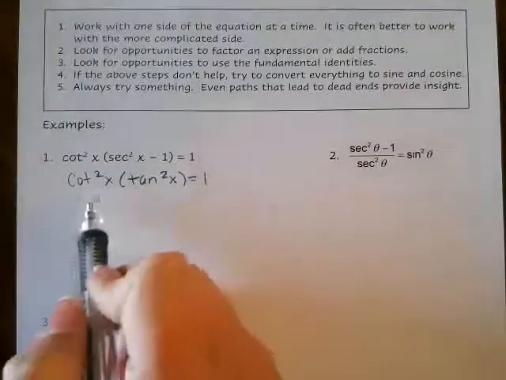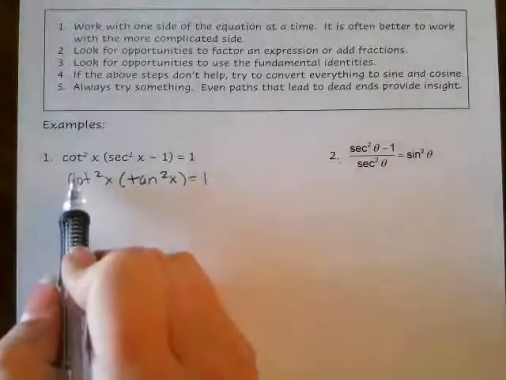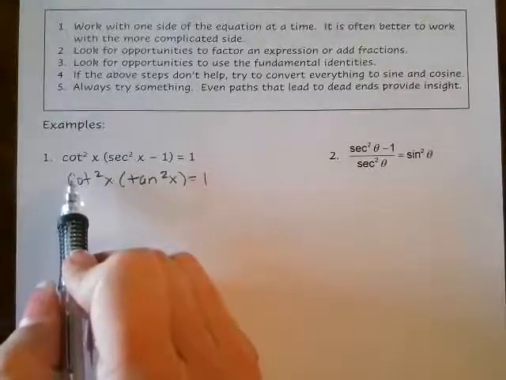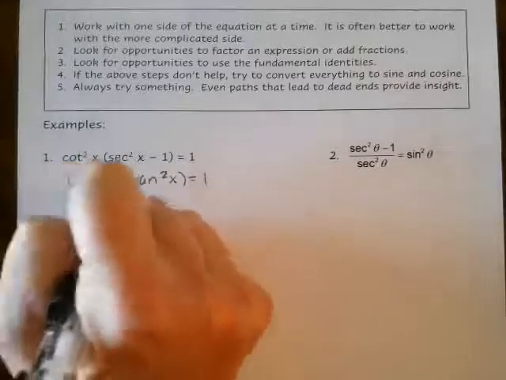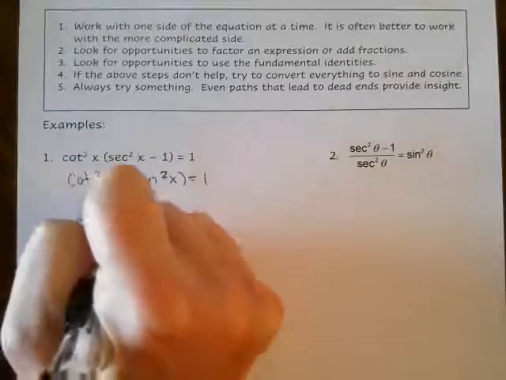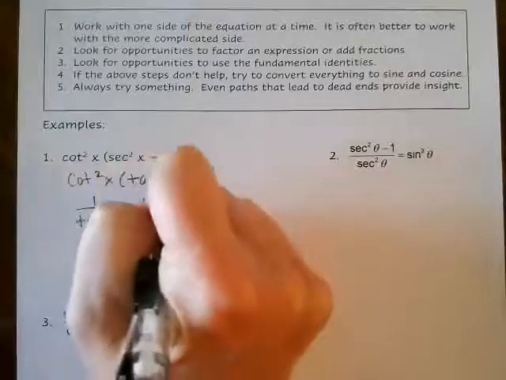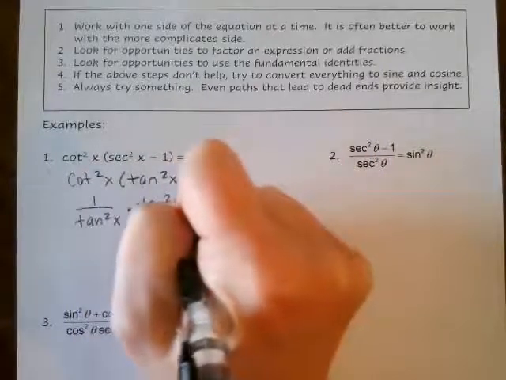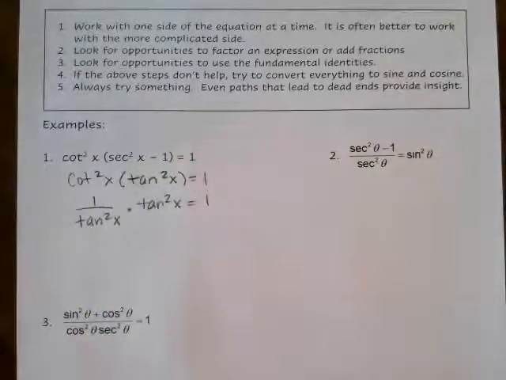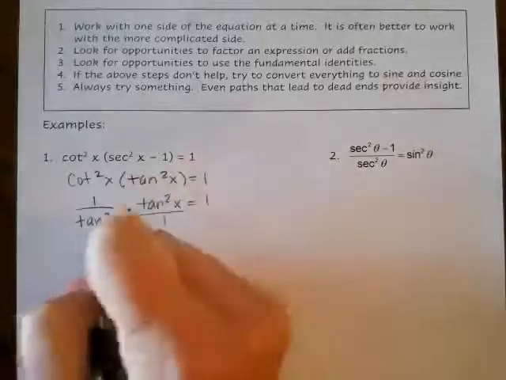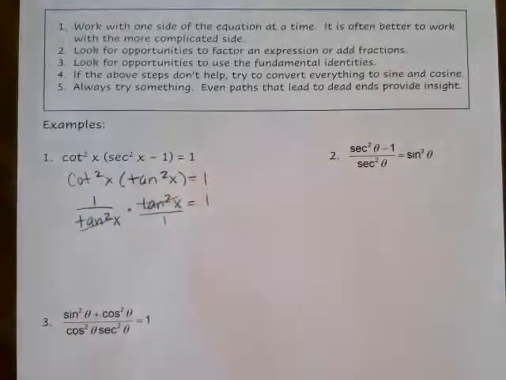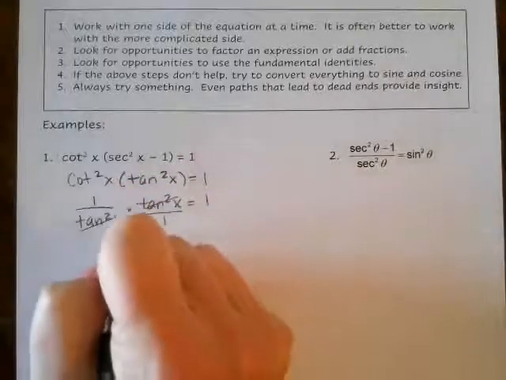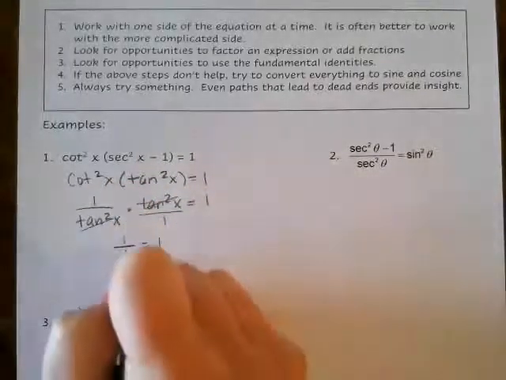Now, as I'm looking at this, I remember that cotangent squared of x is one of my reciprocal identities. So I can change that to be 1 over the tangent squared of x times tangent squared of x is equal to 1. Well, all whole numbers are over 1. So now I've got something in the numerator and the denominator that can cancel. And so that would just give me 1 over 1 is equal to 1.